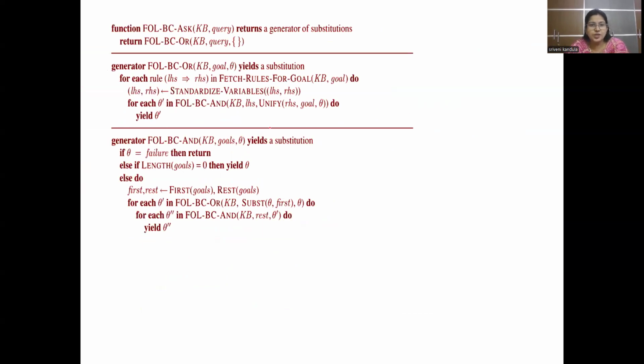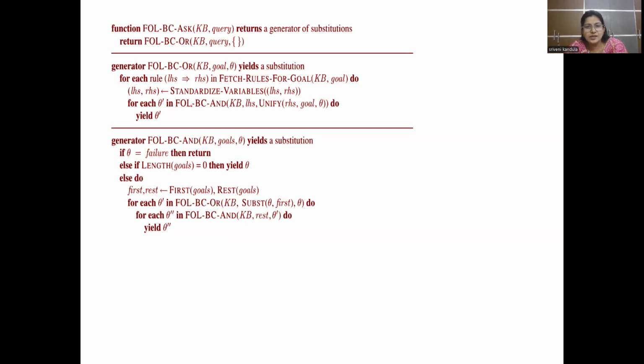Okay, so here in the first part, in the generator part, what we are doing is we are trying to standardize the goals. First, fetch rules for the goal, that should be there in the knowledge base. The rule should be in the form of LHS to RHS. Just fetch these sorts of rules in the knowledge base, and then you try to standardize all the variables.